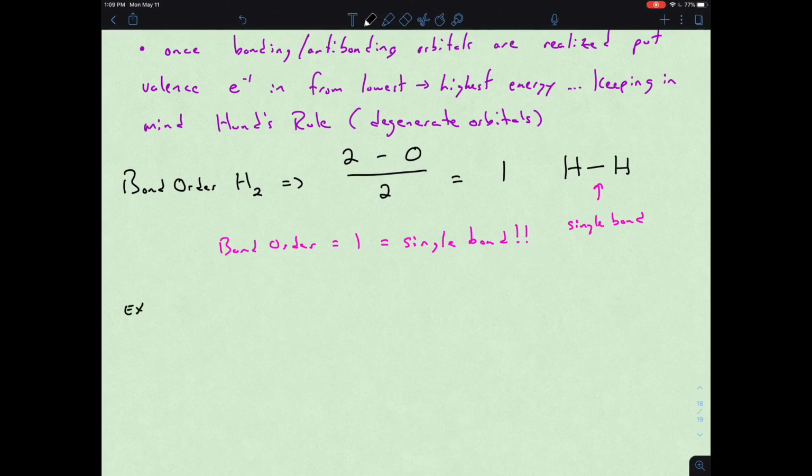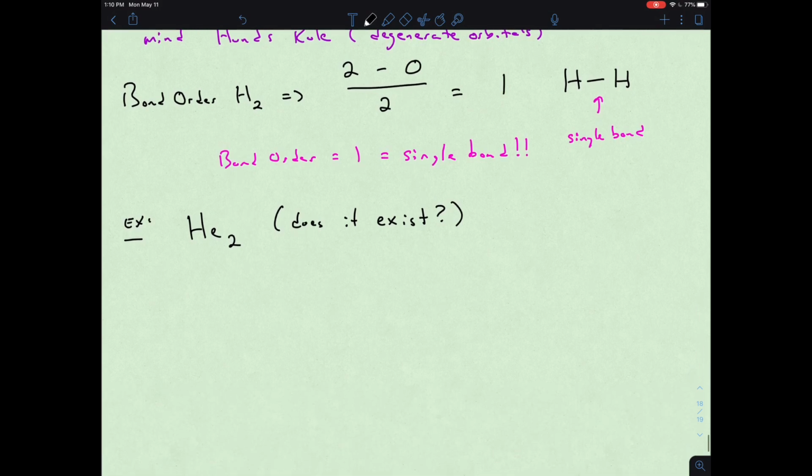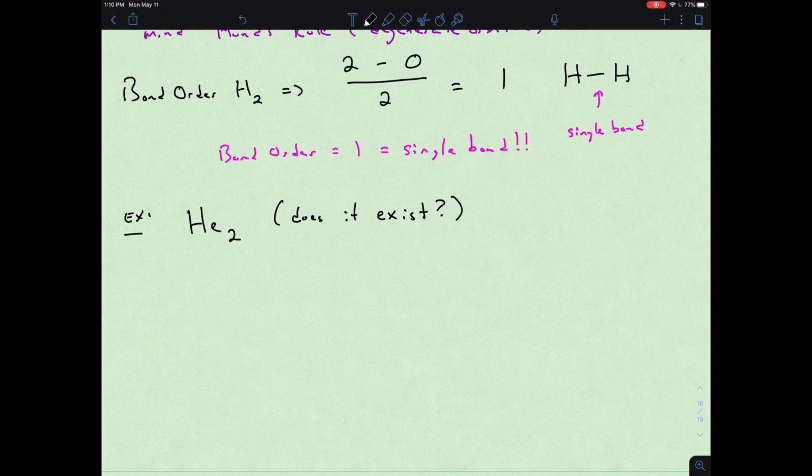Let's look at helium-2 and ask the question, does it exist? We know that H2 exists, but we don't know about helium. Diatomic helium: we know helium is a monoatomic noble gas, but could we make a diatomic out of helium? And this is what this bond order idea allows us to do. In each case, we have our 1s, just looking at the valence shell for each helium atom.